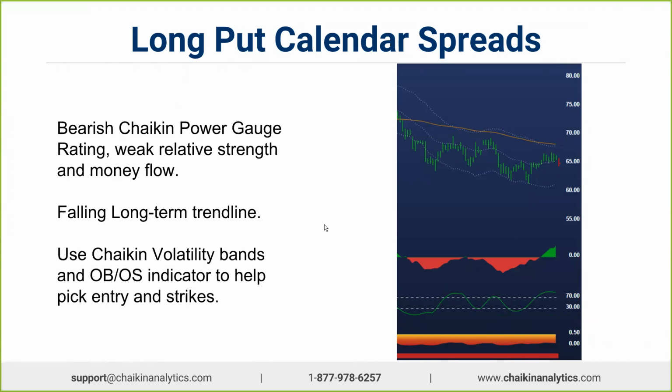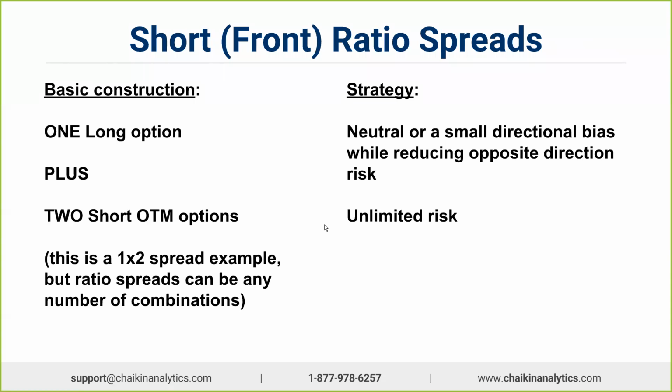All right. So let's talk about ratio spreads. Ratio spreads are ways to take advantage of, well, at least short ratio spreads, also known as front spreads, are neutral to small directional bias. They do technically have unlimited risk in one direction, if you do them for credit, which is what I usually encourage people to do.